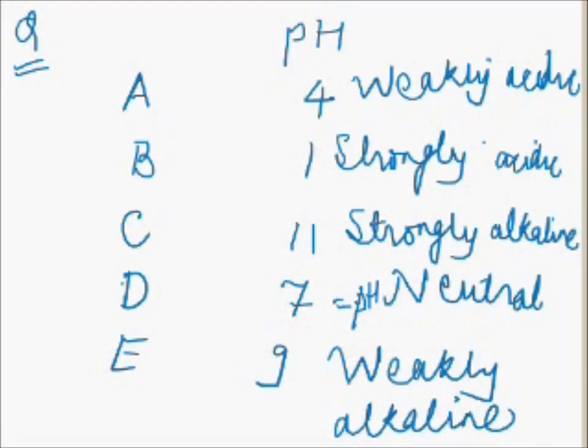Now, next question. Question says, sweet tooth may lead to tooth decay. Explain why. What is the role of toothpaste in preventing cavities? The solution is, people having sweet tooth have a liking for sweet tasting foods.